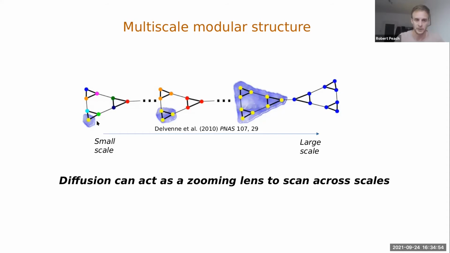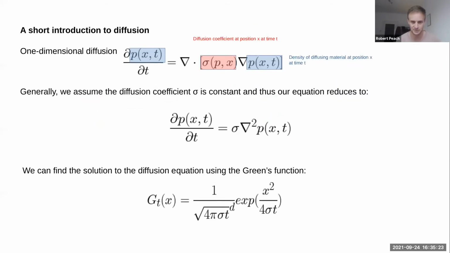Diffusion will get trapped within local regions, and we can identify multiscale modular structure by using the time scale of diffusion as a zooming lens to scan across scales. Whilst this doesn't form the main part of what we're going to look at, the idea of diffusion and how we can use it as a zooming lens is what's going to form the next part of the talk. So I'll let Alexis jump in now and introduce some of these methods.